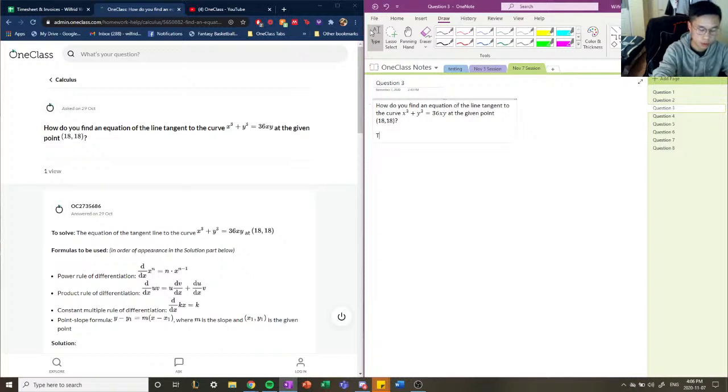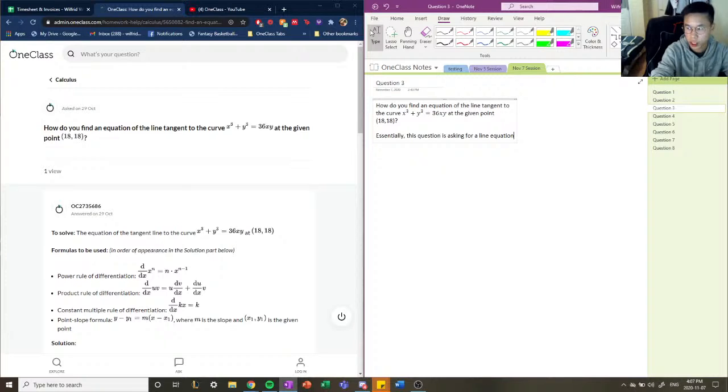Essentially, this question is asking for a line equation. And what does it mean to be tangent? They're looking for a line that is tangent, or only touching, the graph at x equals 18 and y equals 18.